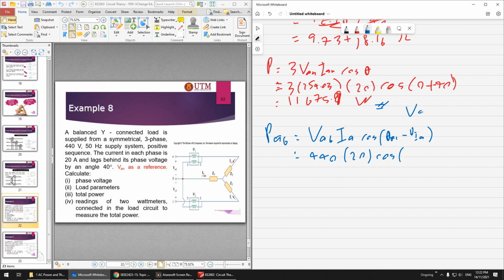Cos theta, remember V line is equals to V phase multiplied by square root of 3, angle 30 degree.